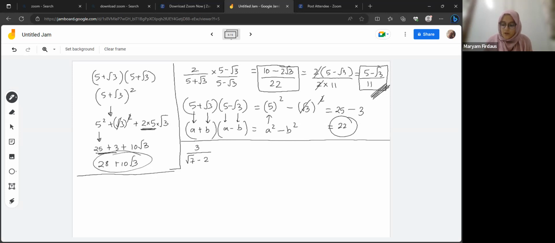What are you supposed to multiply it with? Root 7 plus 2. Very good. Root 7 plus 2.